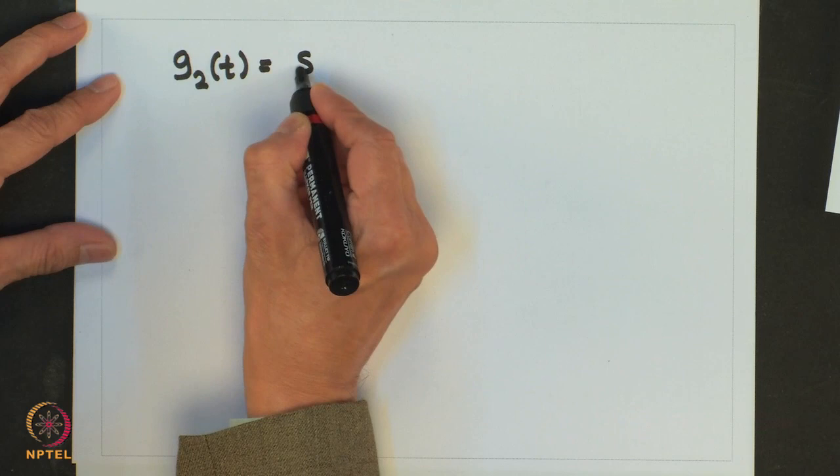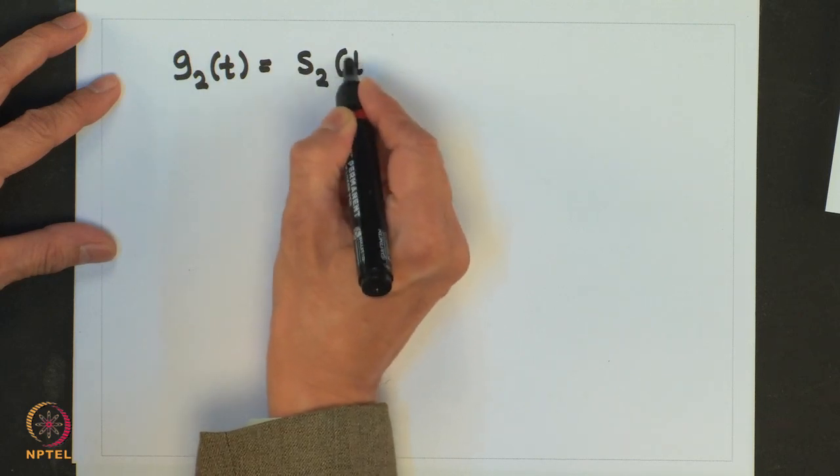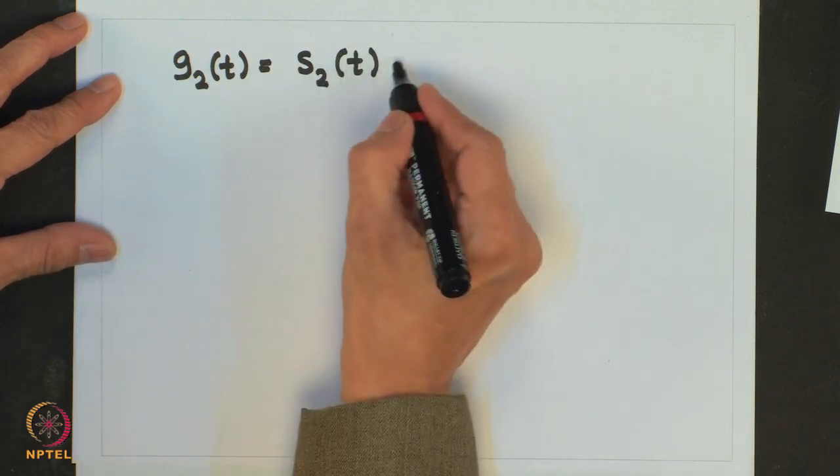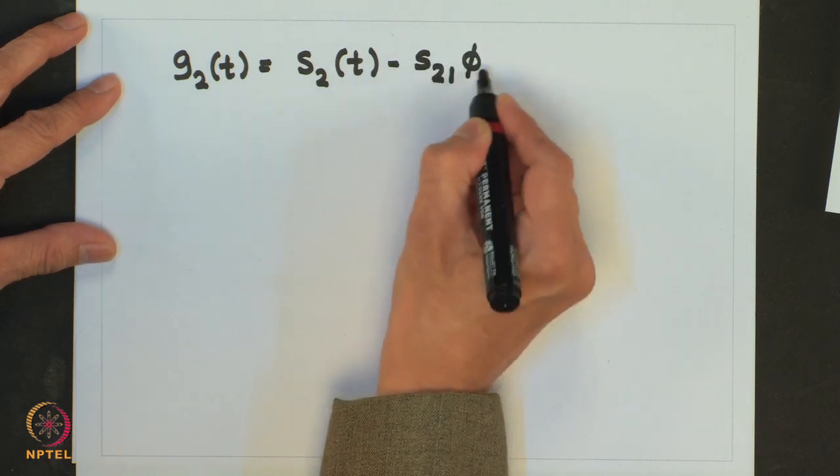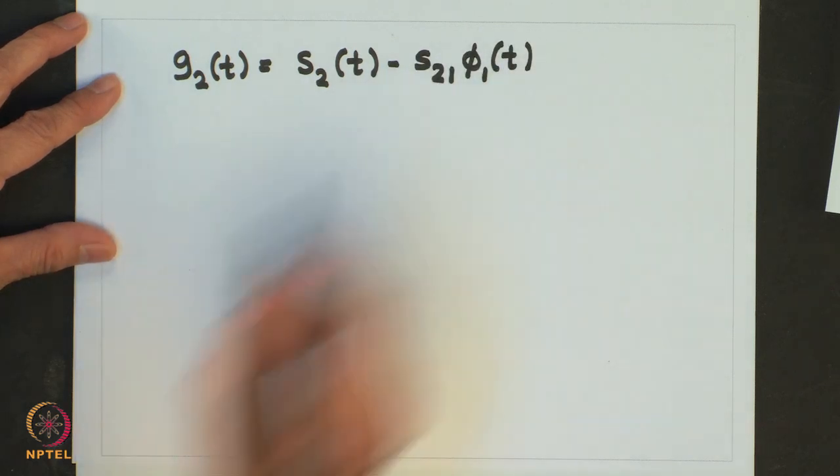This is basically nothing but the error signal between s2(t) and its approximation using phi 1(t).